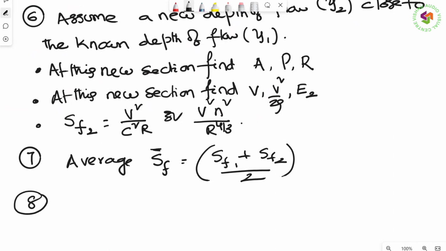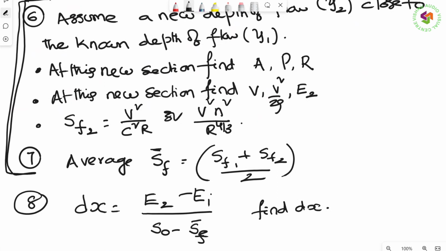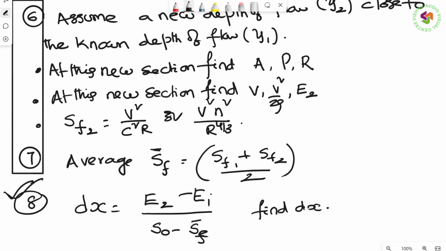Then next step, use the equation dx is equal to E2 minus E1 divided by S0 minus Sf bar. Use this, find dx. So this is all at the second section. This is final.